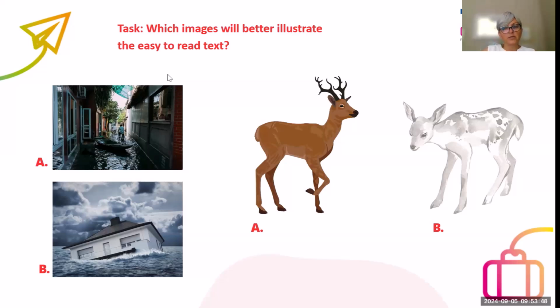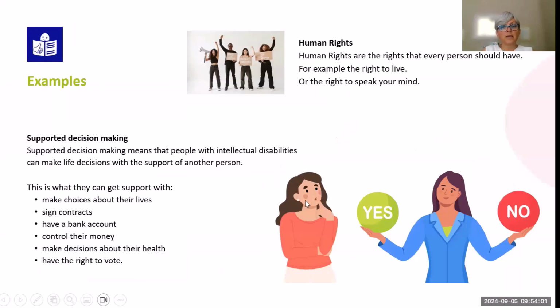We'll get back to the flood in a few minutes, because it's really good that we have different opinions on which picture to choose. But before we do it, let me show you some examples of how a text is illustrated with a picture. As you can see, there are different possible forms.